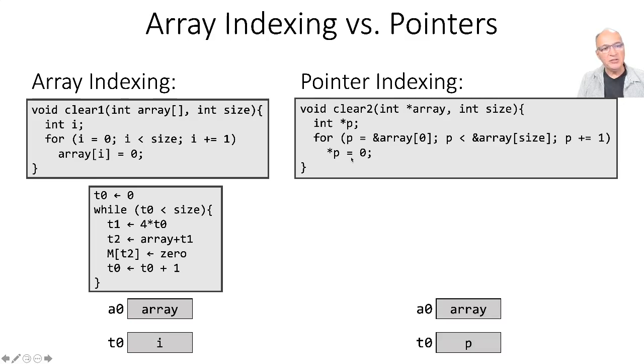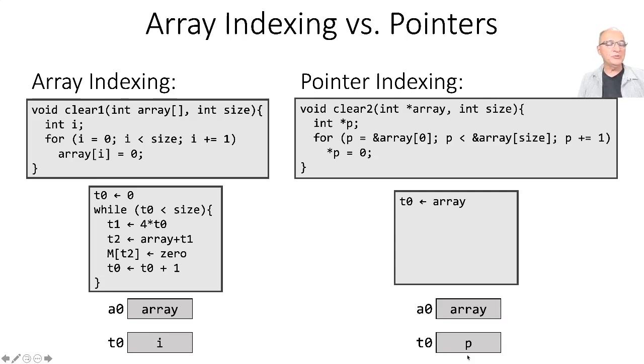So again, for my implementation, A0 is the array, and my temporary variable T0 now contains the pointer P. A temporary variable or any other register may contain a value, such as in this case the value of I, or may contain a memory address, and both of them are 32 bits. So in my pseudocode here, I'll first initialize my pointer P that is in register T0 to the address of the first position of the array, which I can represent simply as array.